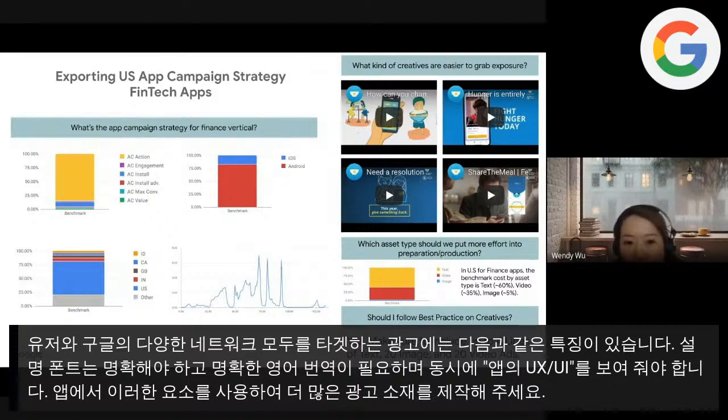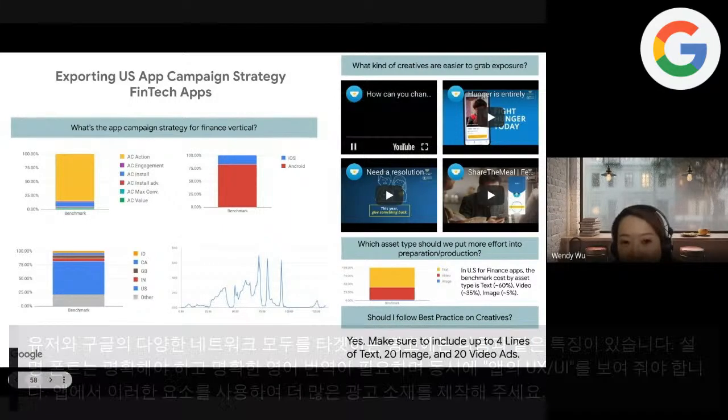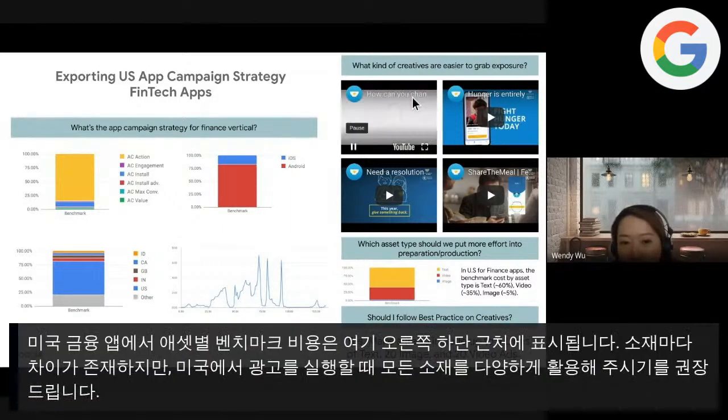Two, sometimes there is a real person, an actor or actress, in the video or image. And three, it shows the classic user interface of the app itself. So tell your design team to start producing more creatives with these factors, and you should be good to go. Let us click on the examples to give you an idea.